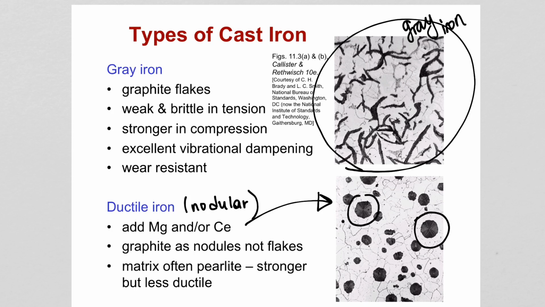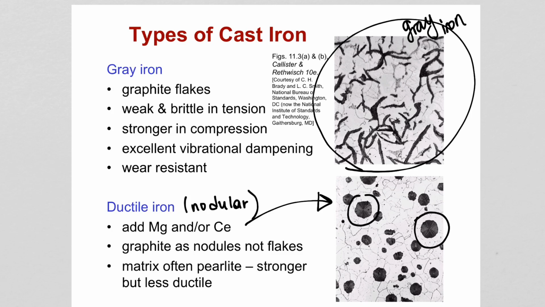Compared to gray iron, ductile iron is stronger and less ductile. Actually, wait, there is something wrong here. Compared to gray iron, this material is stronger and more ductile, but it is listed here as stronger and less ductile.